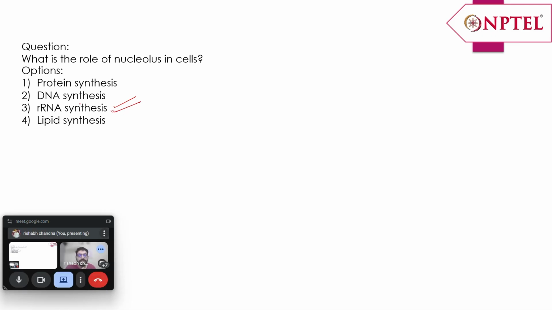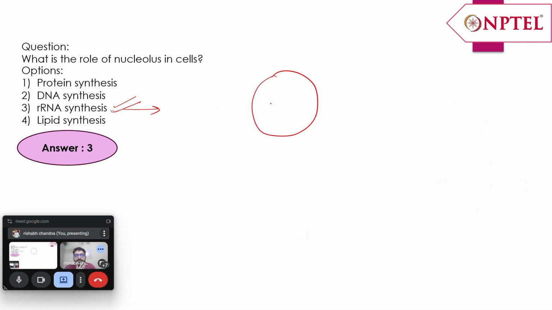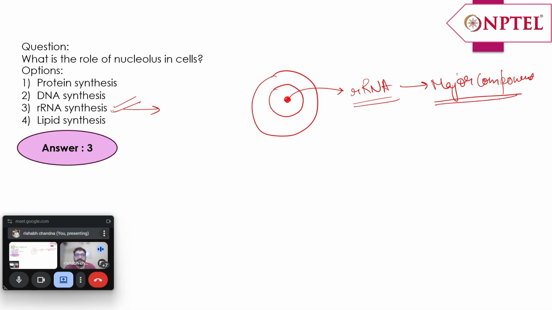Yes, the correct answer is option 3, that is rRNA synthesis. So what happens is, in a cell, this is the nucleus, and there is another region in the nucleus that is highly condensed, and this region leads to the synthesis of rRNA. rRNA is the major component of the RNA that is being produced.